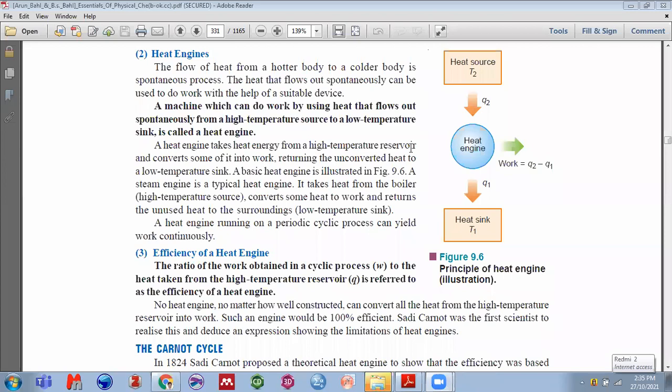To have the net work, the two paths must be different. If Q is the heat absorbed and W is work done, then the efficiency of engine, eta, equal to W by Q.